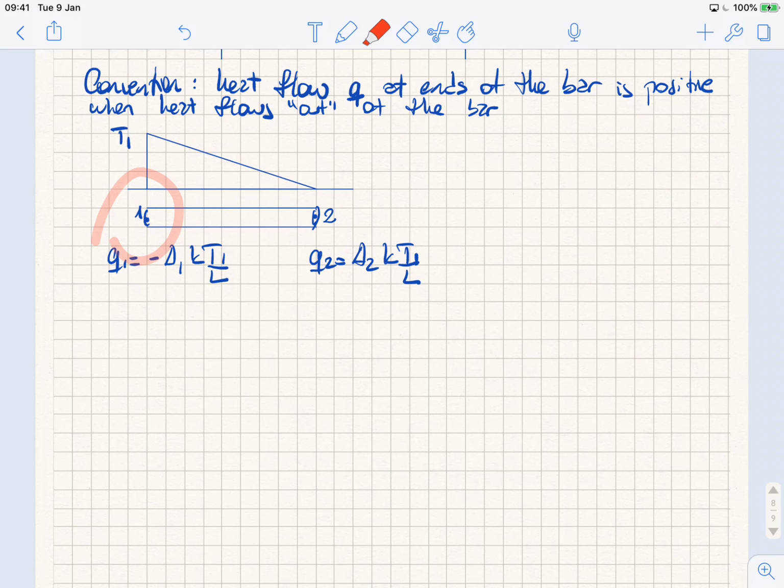It's into the bar, right? And because it's going into the bar, we said that our convention was going to be what? Positive or negative? Negative. Negative. And so, because the gradient is negative, right, our n value there is going to be what? Positive.